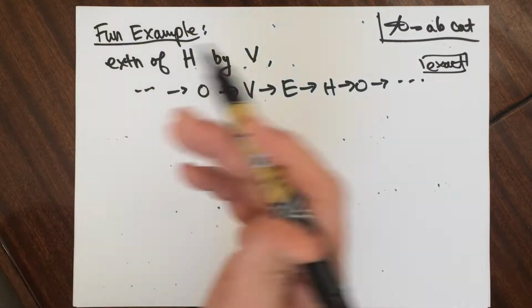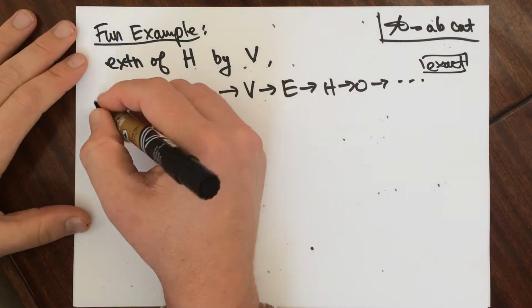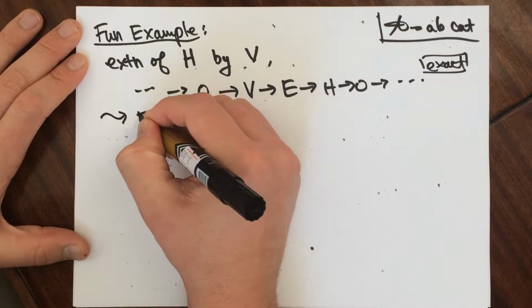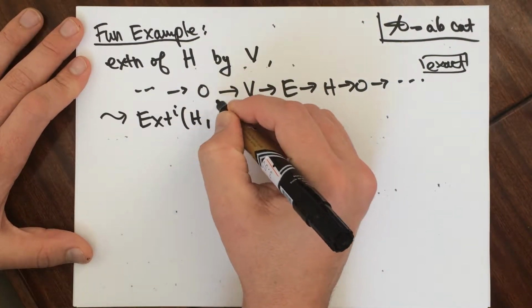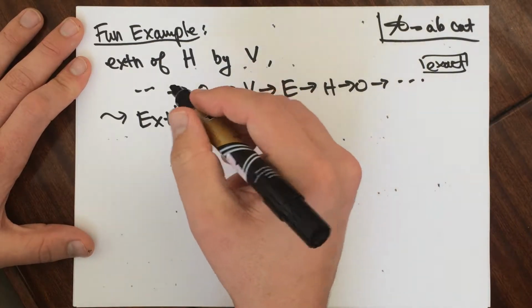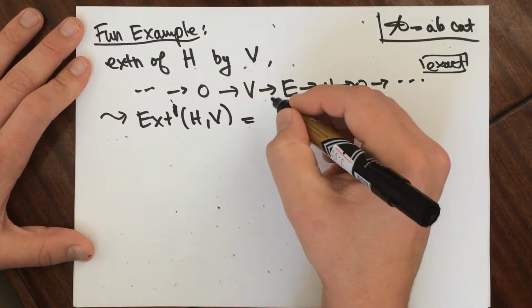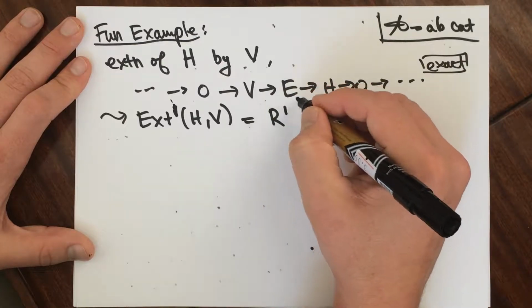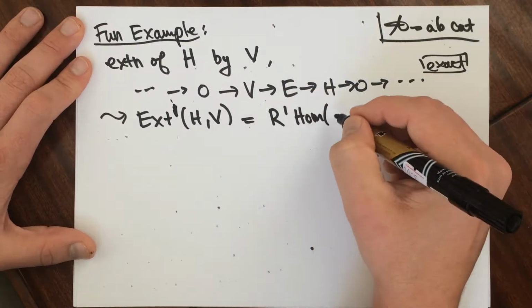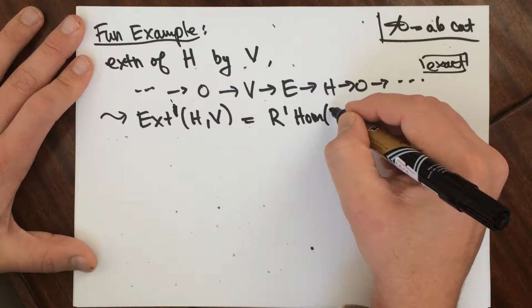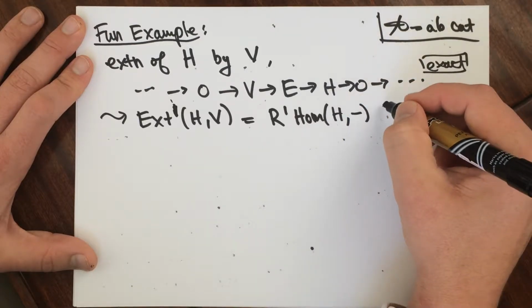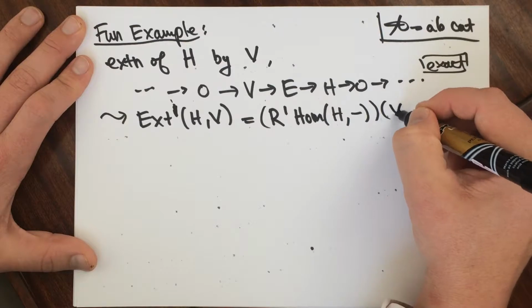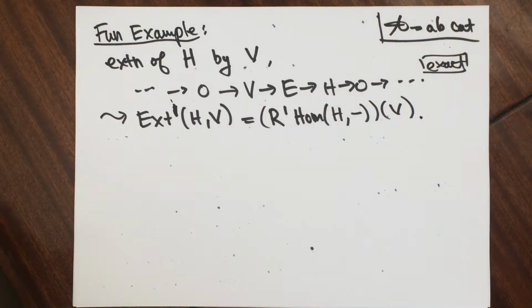And recall that to these things, there's this Ext^1 of H and V. So this is extension of H by V. So Ext^1, let's say, is the first derived functor of Hom in the abelian category from H, applied to V. So this is one way of doing this.